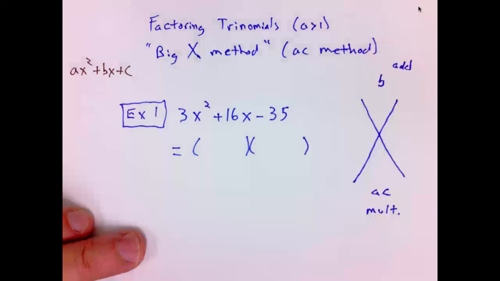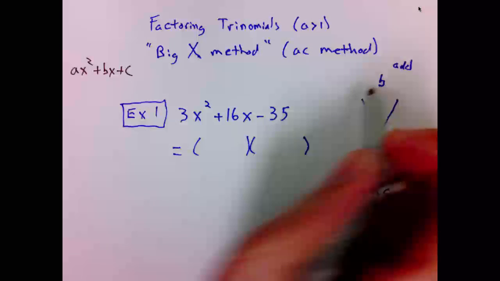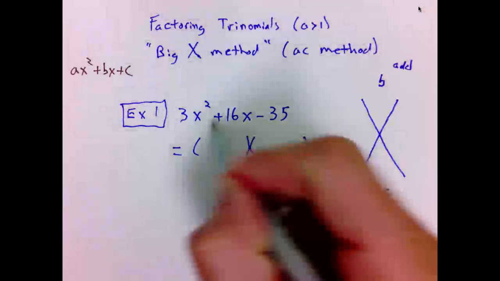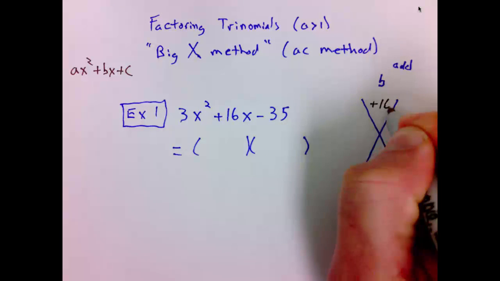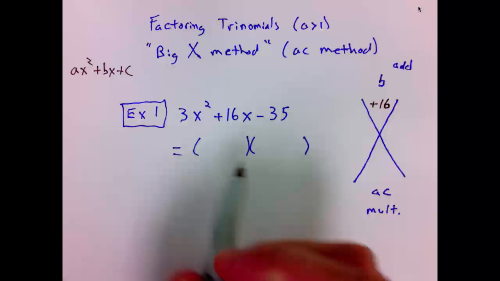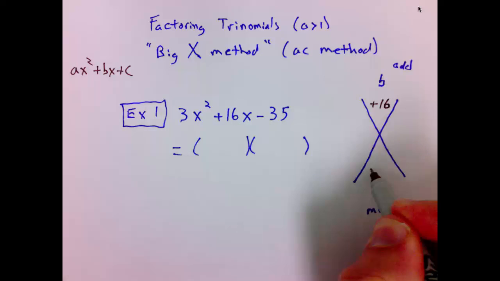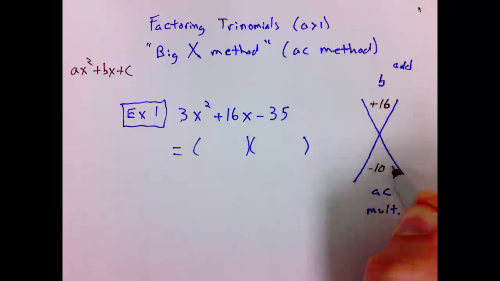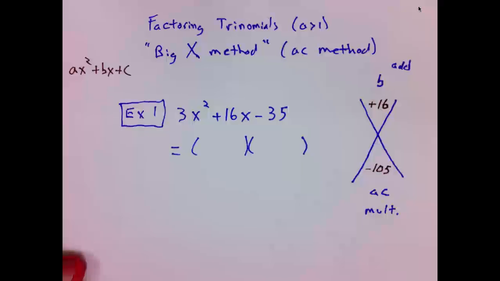Well, in this case, b, being the coefficient of x, is positive 16. And I'm going to emphasize the signs. The signs will be very important. A times c, well, a is 3 and c is a negative 35, thus 3 times negative 35 is a negative 105. Alright, now we are ready to proceed.